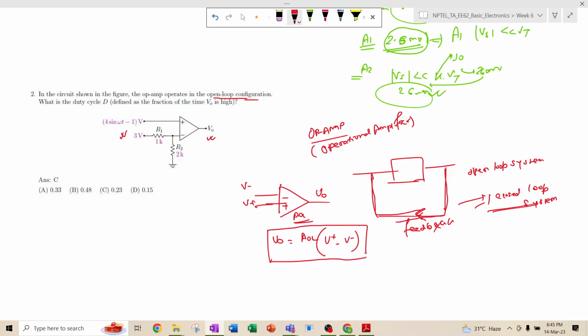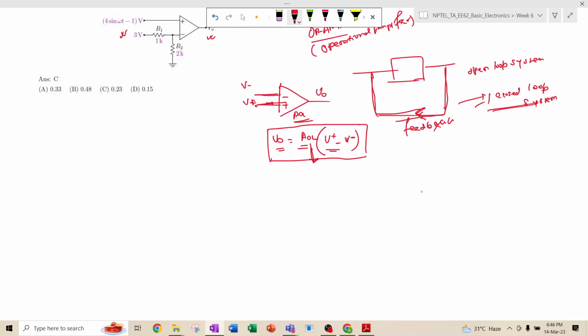The difference that we are applying in the input terminals is V plus minus V minus. V plus is this terminal, the plus terminal, right? In the plus terminal, whatever voltage you apply is referred to as V plus, and in the minus terminal, whatever voltage you apply is referred to as V minus. So V plus minus V minus multiplied with AOL, the gain of the open loop configuration, gives you VO, right? Okay, so this is the thing.